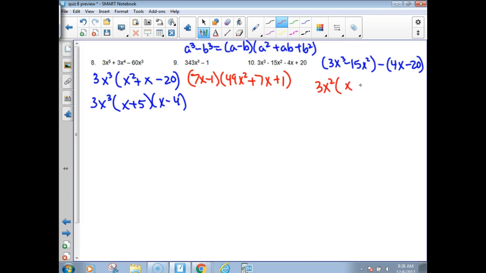It gives me x minus 5. From the second set, I factor out a 4. So 4 times x minus 5. Now the 2 big old terms have an x minus 5 in common, so factor out x minus 5. And what's left is 3 times 3x squared minus 4. Make sure you have these butted up to each other. That is supposed to be multiplication, not addition or subtraction.